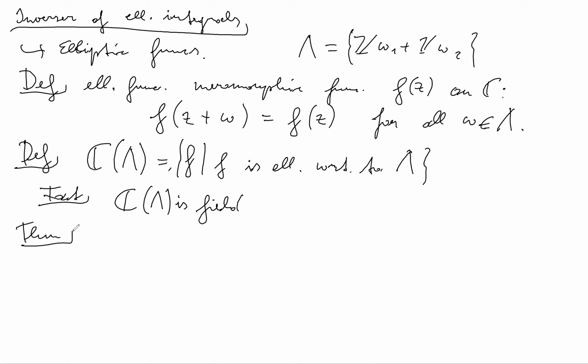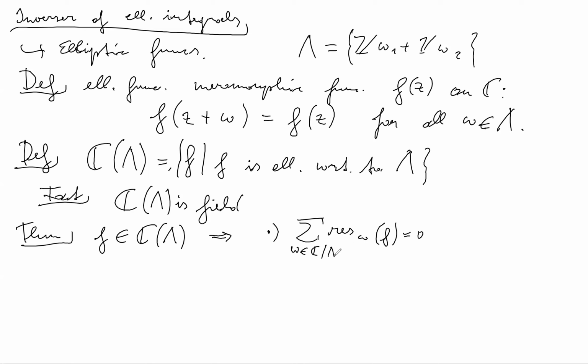What I'm going to do is I take any of these elliptic functions with respect to lambda, and then a few things are going to be true. So the first thing that's true is that if I sum over all the residues of these functions, the sum over all the residues is going to be 0. And here I will always sum over all points in this fundamental domain.